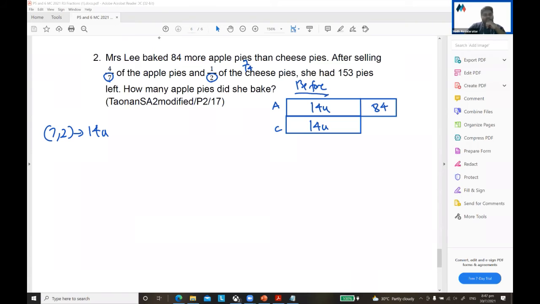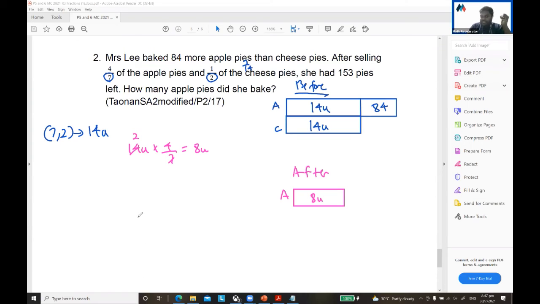Correct. Well done. So 14 units times 4/7, cancel 2, is actually 8 units. So go and draw the model first. So for after, okay, we're still not done yet for apple pies. So it's just 8 units here. So what about the 84?